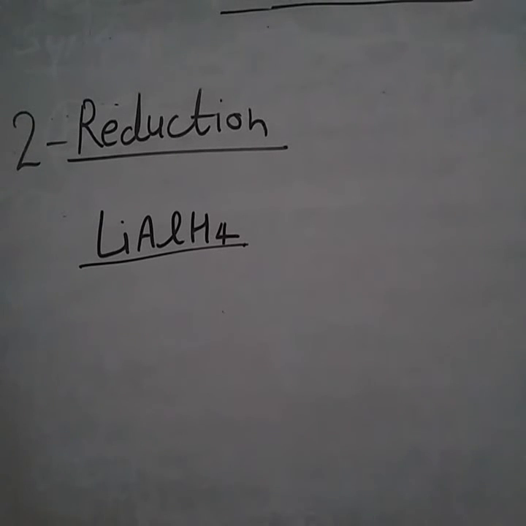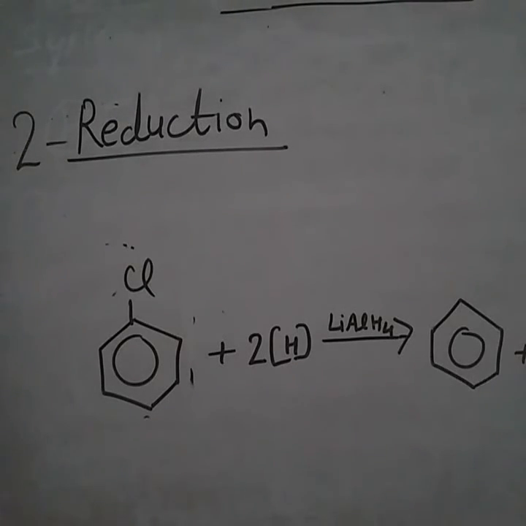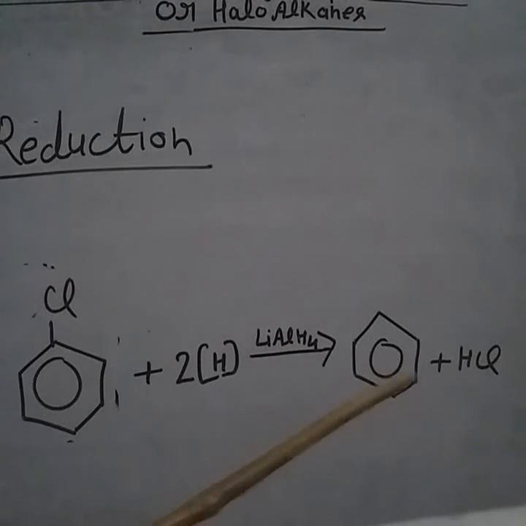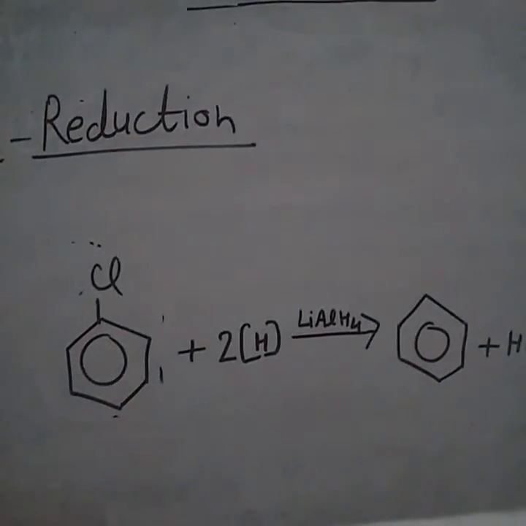So alkyl halides do not use this reducing agent. These are aryl halides because the halogen group is attached to an aromatic compound, so it is called an aryl halide. These reducing agents are used on aryl halides to form benzene and release hydrogen chloride.